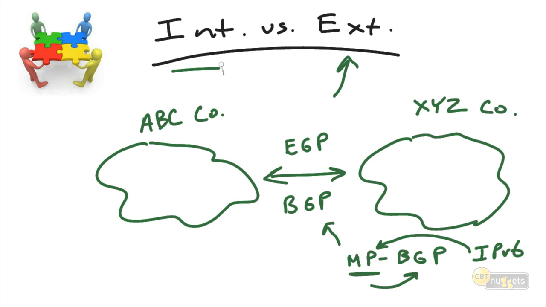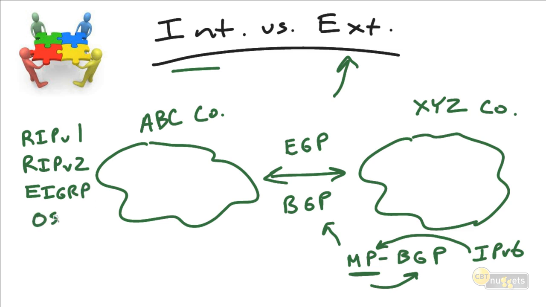Well, here we have a bunch that are in use today. You have RIP v1. This would be for very, very old equipment in a very small routing domain. RIP v2 would be more common in your small domains these days. We have EIGRP. We have OSPF. We have ISIS.